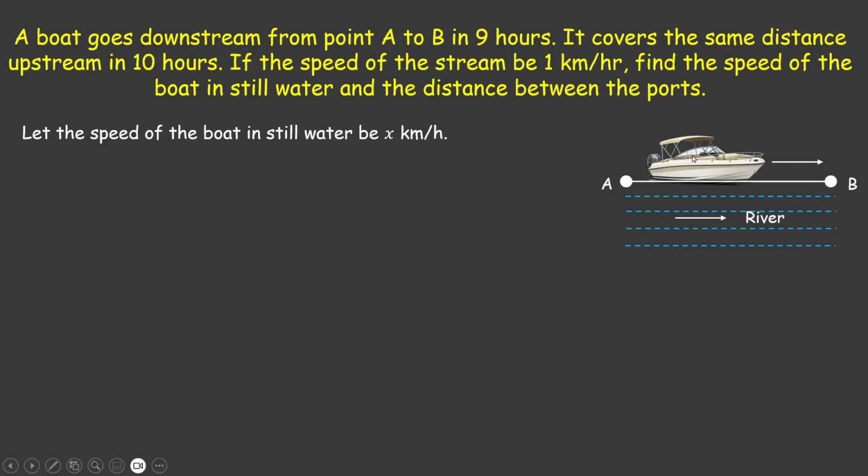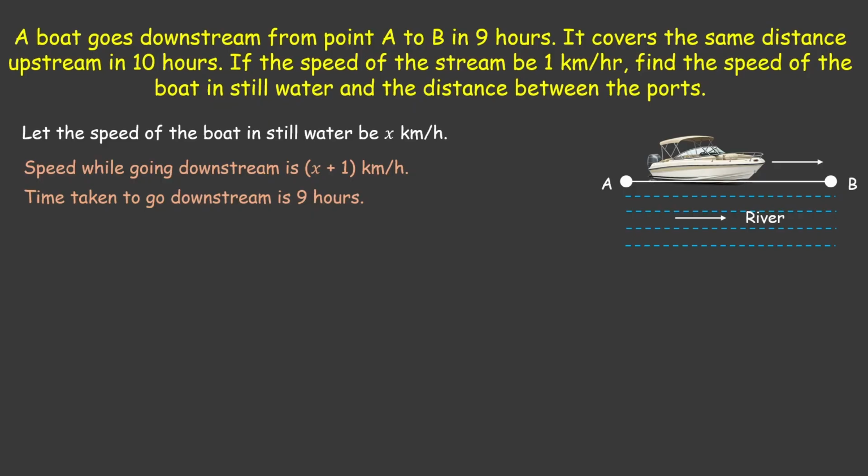If the speed of the boat is x and the speed of the water in the river is 1, then since they are both flowing in the same direction, the speed of the water adds up to the speed of the boat. So the speed while going downstream is x plus 1 kilometer per hour, because the stream also pushes the boat while it is moving forward along the direction of the river.